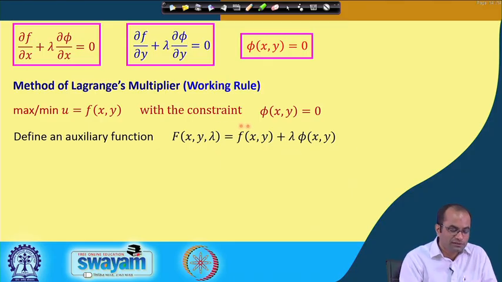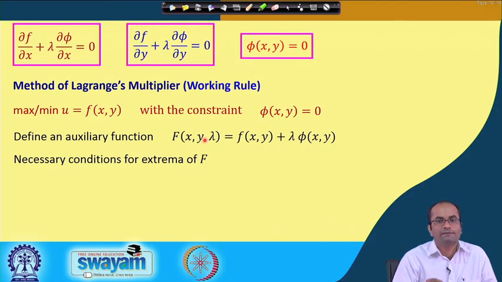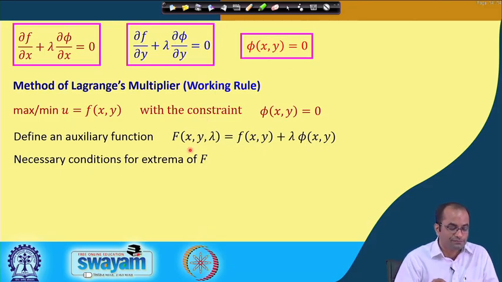So, this is the auxiliary function we define, and then we find the necessary conditions for the extrema of this F. That means the partial derivative of F with respect to x will be set to 0, the derivative of F with respect to y will be set to 0, and the partial derivative of F with respect to lambda has to be set to 0 to find the critical points of F.